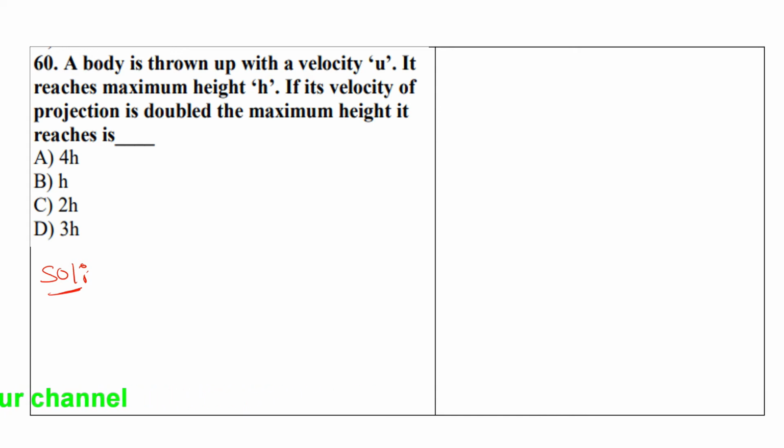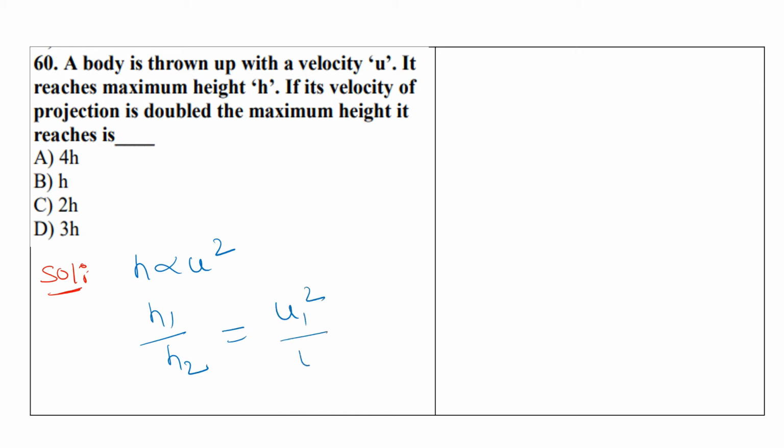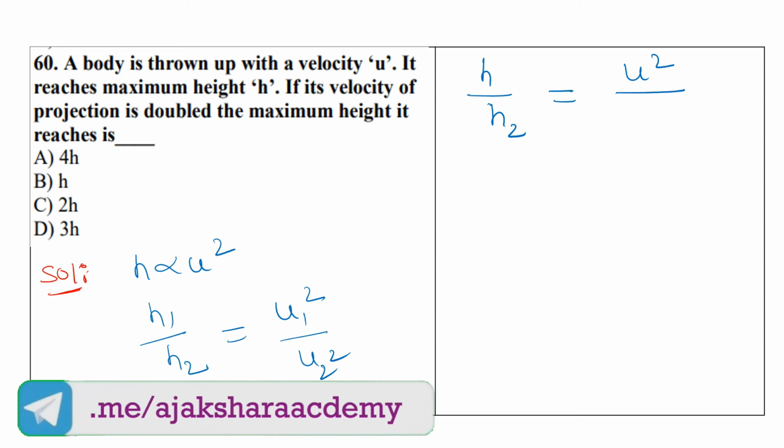Height h is directly proportional to u squared. So from this relation we can write h1 by h2 equals u1 squared by u2 squared. Now substituting h1 as h, h2 we have to calculate, u1 squared is u squared, and u2 squared is (2u) squared, since the velocity of projection is doubled.